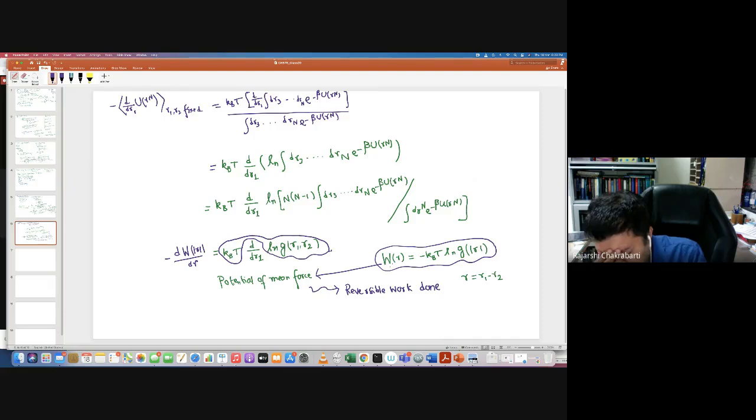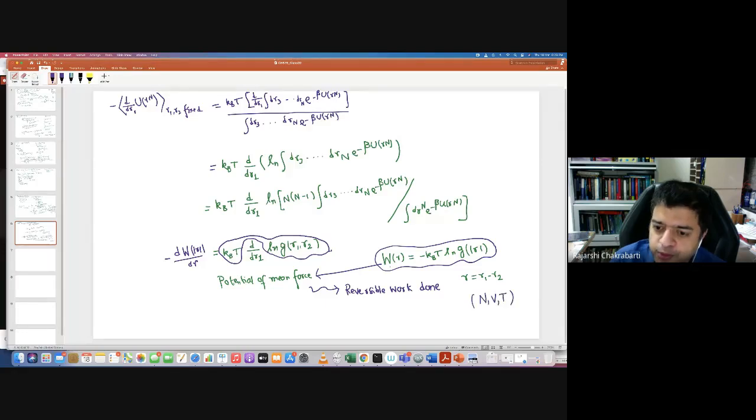And then I am asking what is the average interaction force between these two particles which are held fixed in space due to all other particles, due to the other N minus 2 particles. The effective interaction between these two particles. This is called the potential of mean force. And this is the NVT ensemble you are dealing with, so this is equal to a free energy.